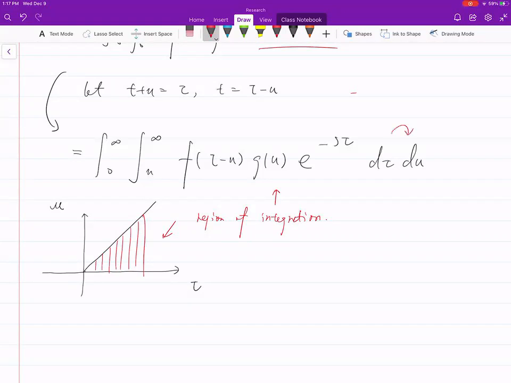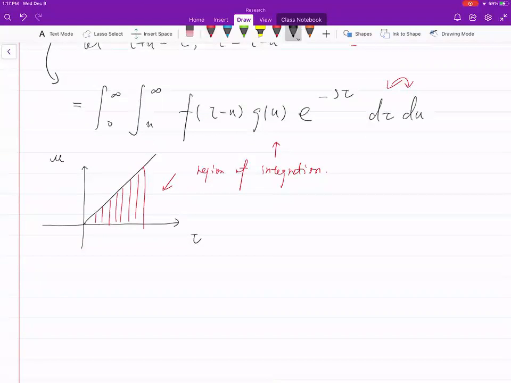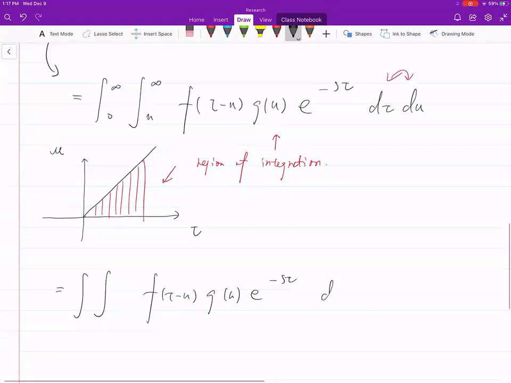Okay, so instead of doing this, I should change this to f(tau minus u) g(u) e to the negative s tau du d tau. And I let my tau go from 0 to infinity. Then for each fixed tau, I should really go from 0 to this for u. This is u equals tau.